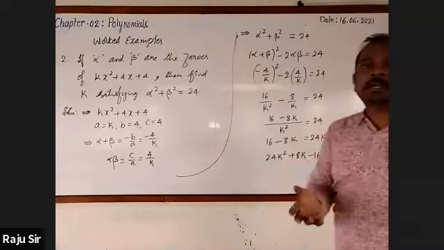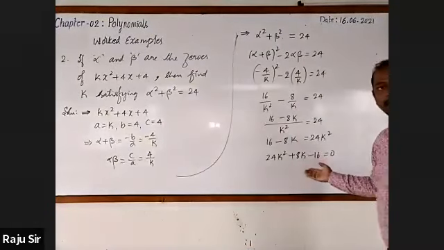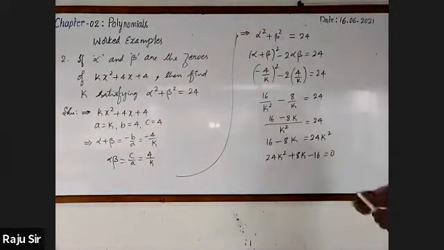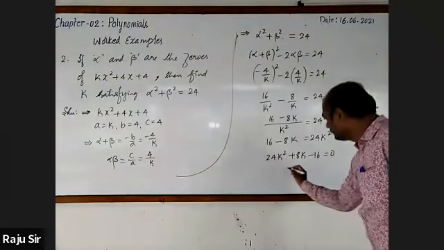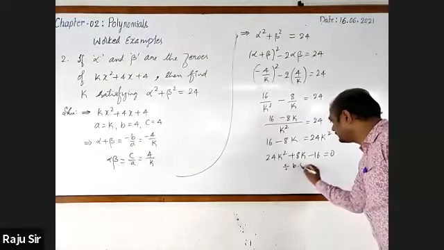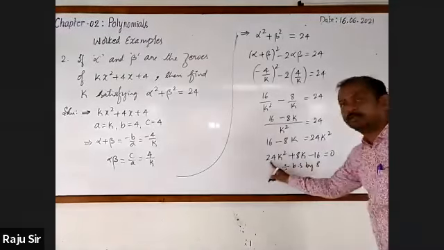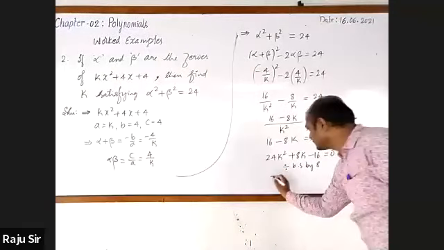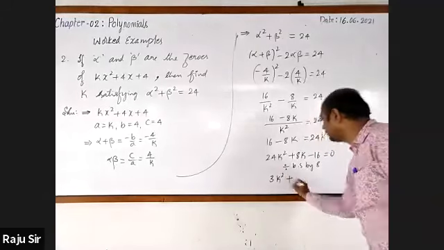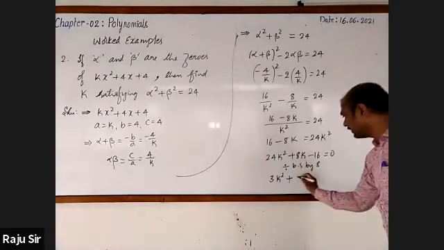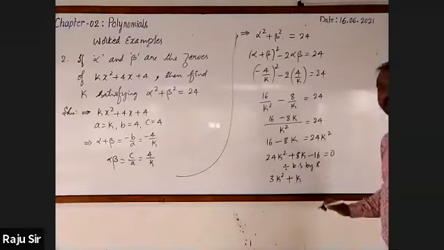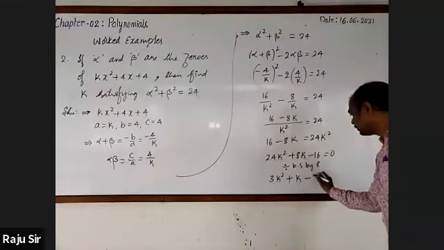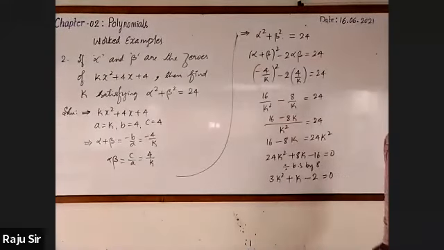They are all multiples of 8. Divide both sides by 8. Then 8 3s are 24, 3k square. 8 1s are 8, it is 1k, minus 8 2s are 16, equal to 0.